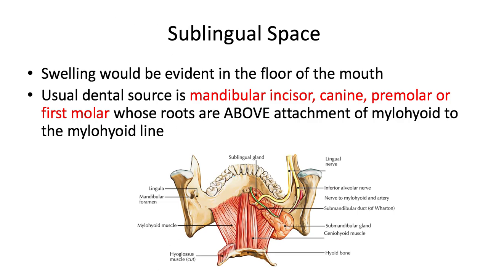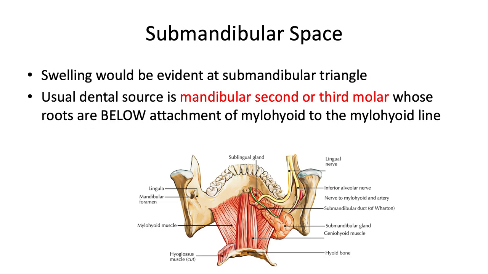So, because of the location of those roots and the mylohyoid muscle attachment, swelling is evident in the floor of the mouth, and the dental infection would most likely spread to the point above the mylohyoid muscle in the sublingual space.